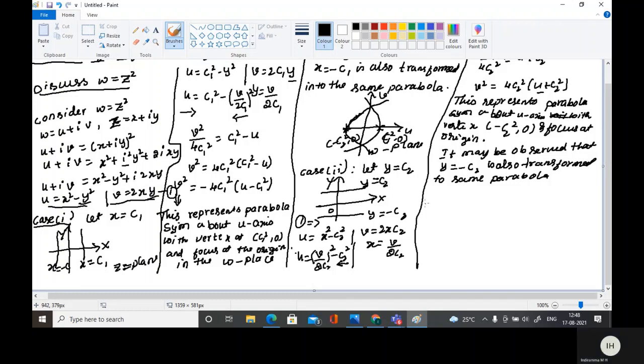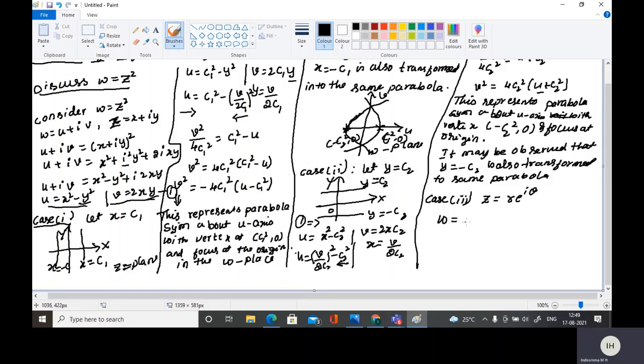Okay, next we go for case 3. What is case 3? As I told you, we can substitute z either in Cartesian form or in polar form. Here I considered the Cartesian form. Next I will consider the polar form. So z is equal to r e power i theta.